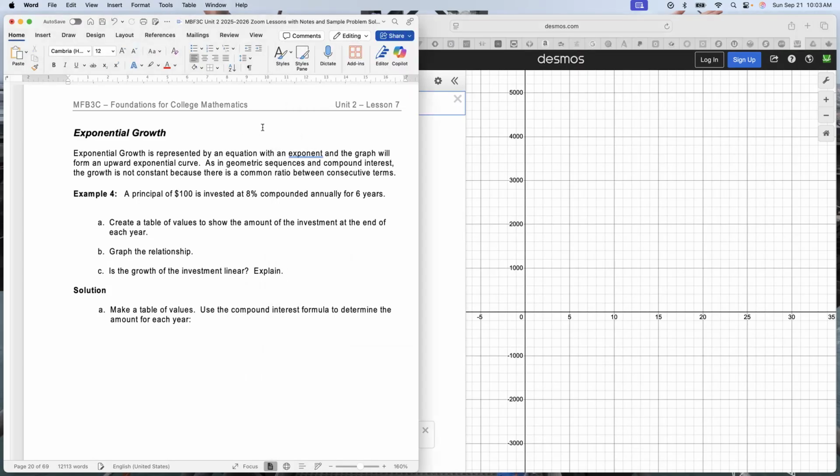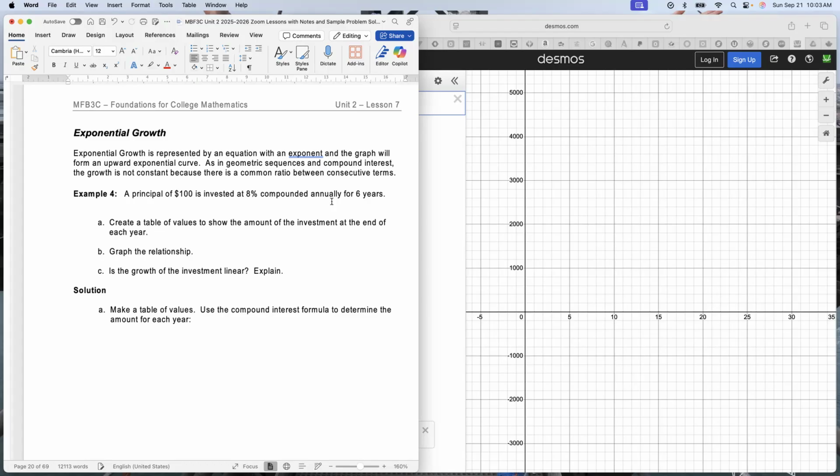So exponential growth, remember we looked at that, and it is a curve that goes up to the right and doesn't cross the x-axis. That's what we mean by exponential. When we look at simple interest, because there were no powers, we had a linear relationship, which was a straight line.